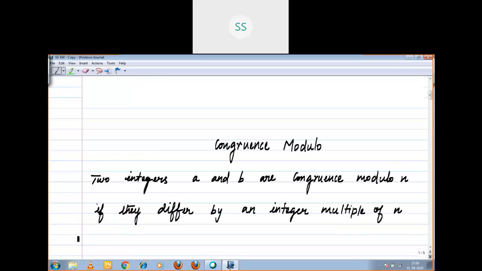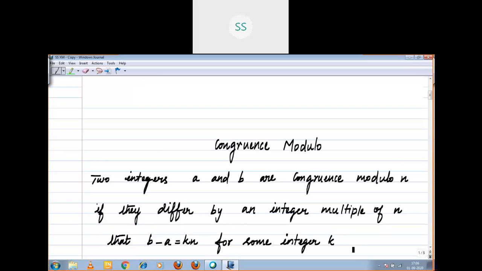That is, b minus a equal to k into n. They differ by an integer, it is a multiple of n. Here, for some integer k, anything it can be, right?